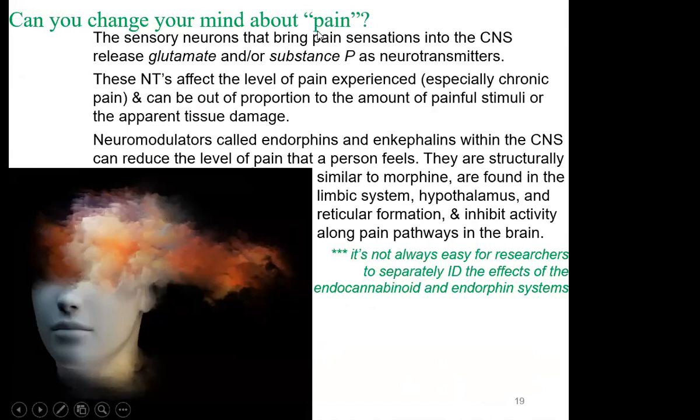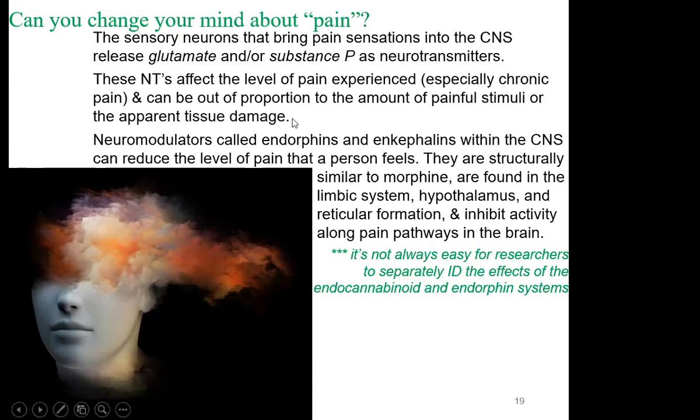Can you change your mind about pain? Yes, yes, you actually can. So our sensory neurons that bring these pain sensations into the central nervous system will release glutamate and or substance P as our neurotransmitters. These can affect the level of pain experienced and can be out of proportion to the amount of painful stimuli or the apparent tissue damage.